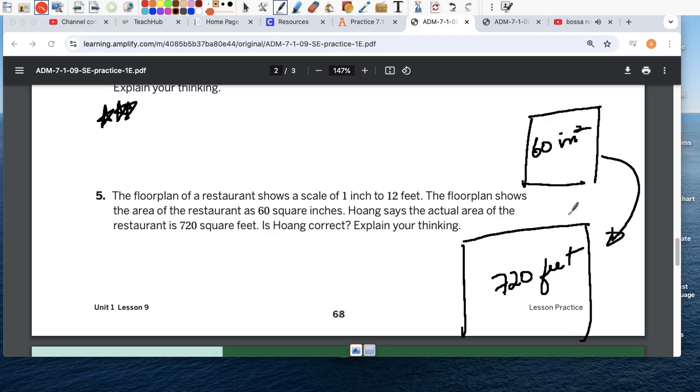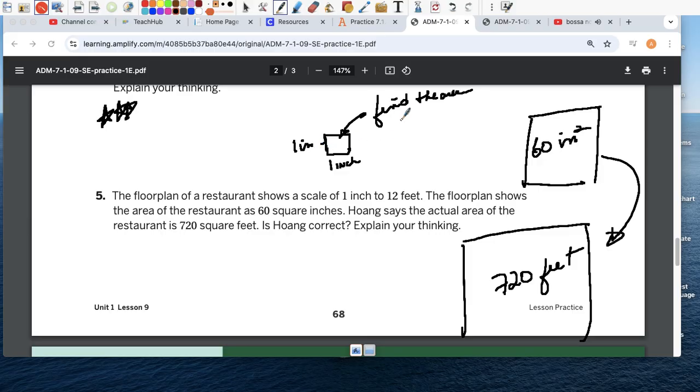How can I explain this the easiest way? Well, let's imagine that this is 1 inch on each side. So this is 1 inch, and this is 1 inch, right? If I asked you to find the area here, you would say, well, that's easy.